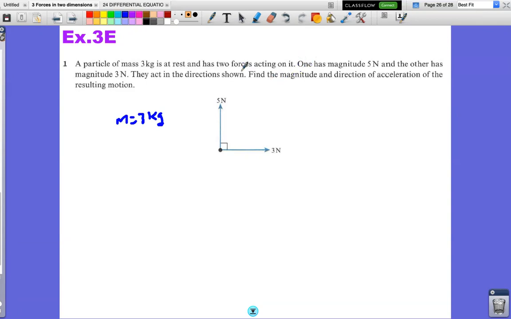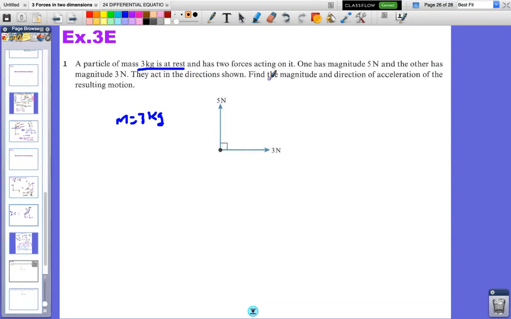So it says the particle is first at rest, and then these forces are acting on it, and they act in these directions shown. You are asked to find the magnitude and direction of the acceleration of the resulting motion.